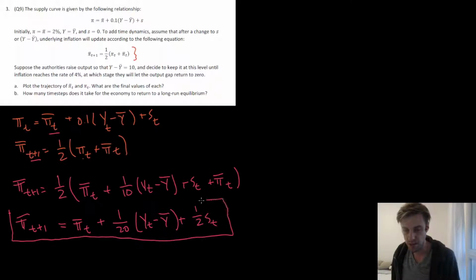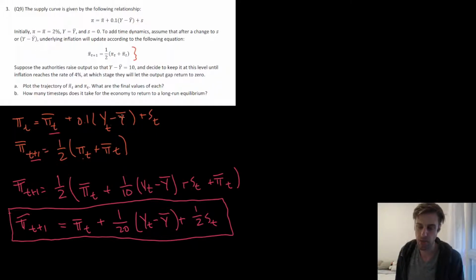And you can see that we could use this update rule to get the jumper pi t. Actually, this yt minus y bar is like another shock. It's totally exogenous. We don't know anything about how to compute this, so we need to be given it. And indeed, we see in the question that it's going to be 10, and then later they will let the output gap return to 0, so it'll be 0. So let's make a table, because we're going to compute some time steps.